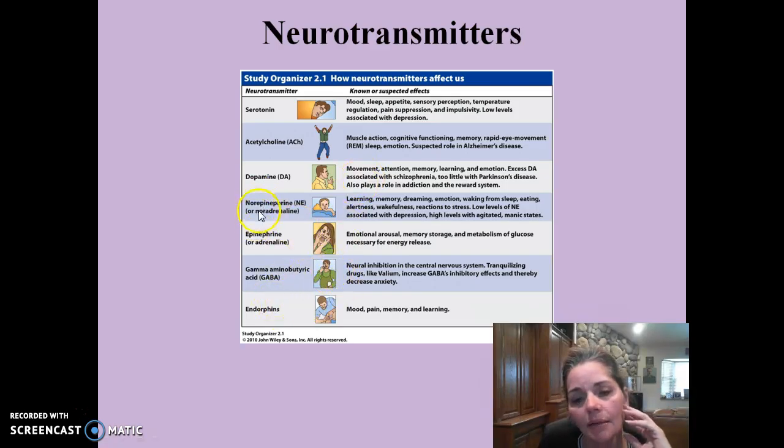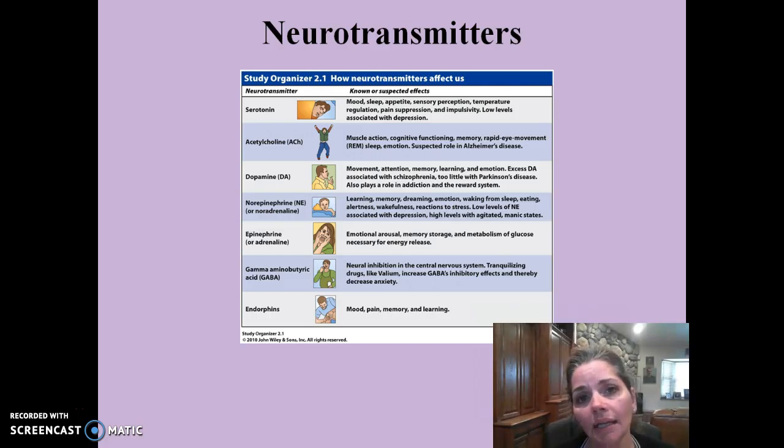And as I mentioned, it interacts with serotonin to influence depressive episodes. What we find is when serotonin is low and norepinephrine is low, individuals are likely to experience depression. But when serotonin is low and norepinephrine is high, they might experience mania. That's what we call an interaction, where the effect of low serotonin depends on the level of norepinephrine.